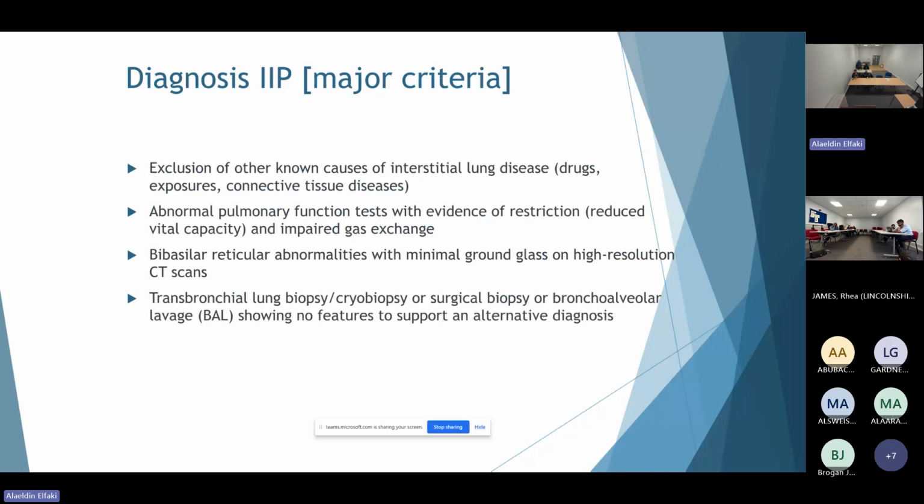In a CT scan, you will see abnormalities like ground glass or honeycombing. In a non-UIP pattern lung fibrosis, lung biopsy might be needed if the cause is not clear.